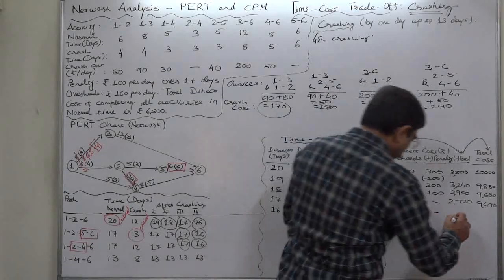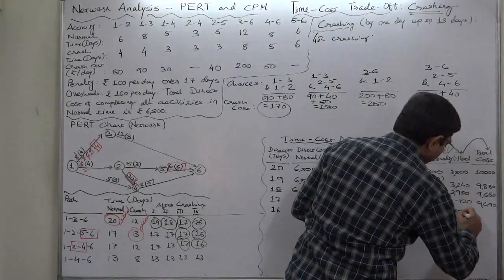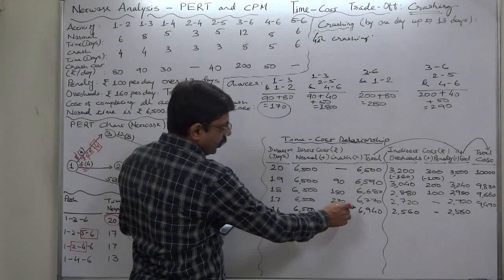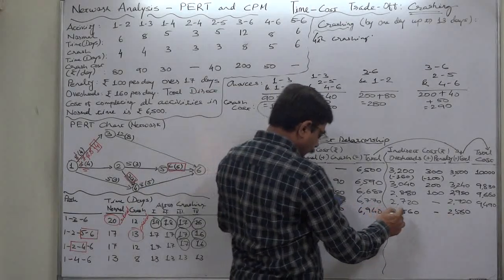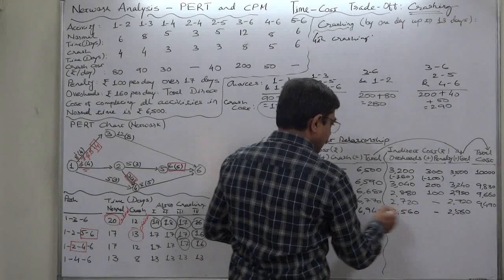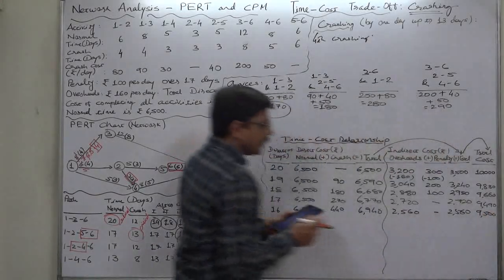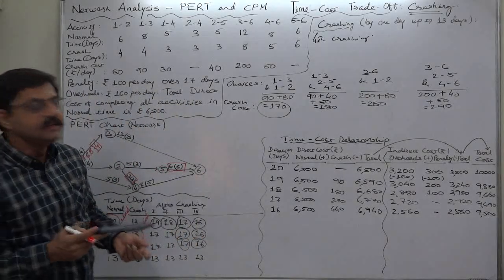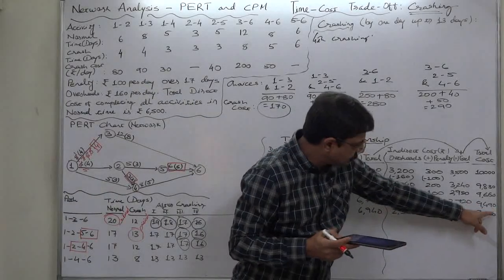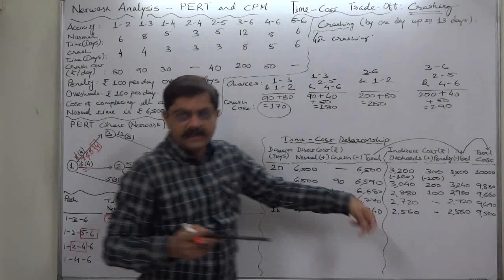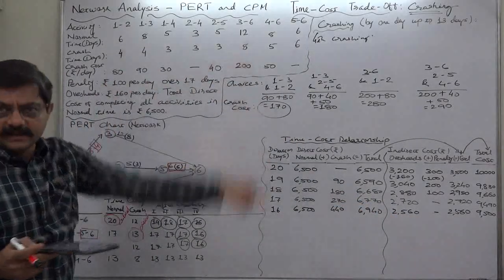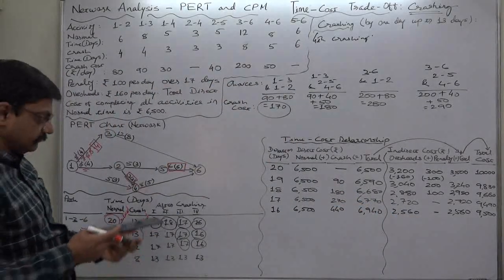No penalty, so total indirect cost 2,560. The summation of both costs will now be 9,500. See, the cost has started to increase. Let's check whether it increases or again decreases.